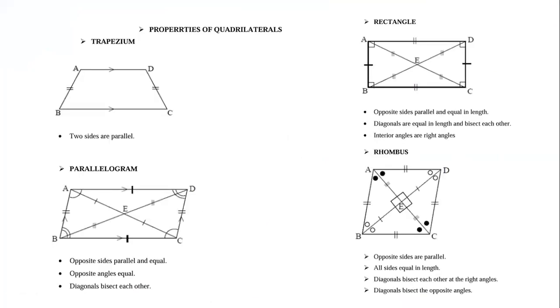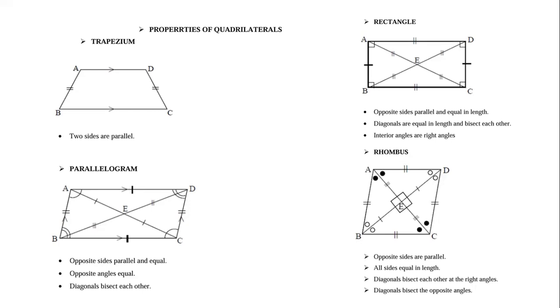And therefore, these are the properties of quadrilaterals, and you need to know these properties, whether you're in grade 10, grade 11, or grade 12. We also discussed the properties of quadrilaterals, right? Remember, what are quadrilaterals? They are four-sided shapes or four-sided figures.